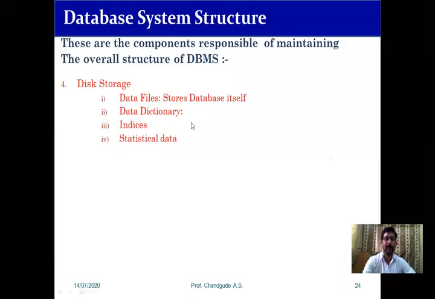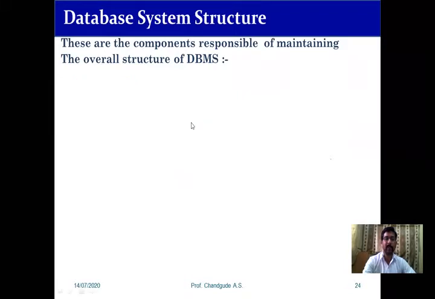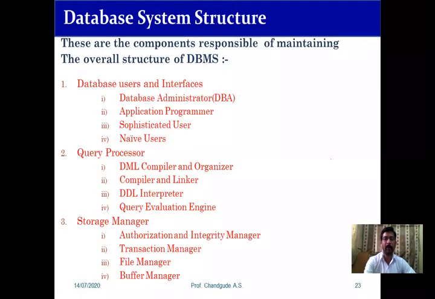And the fourth is the statistical data. At the time of learning the overall DBMS structure, we need to address all these four modules. The entire structure of DBMS is classified into these four different modules.